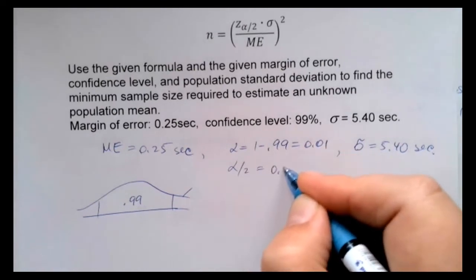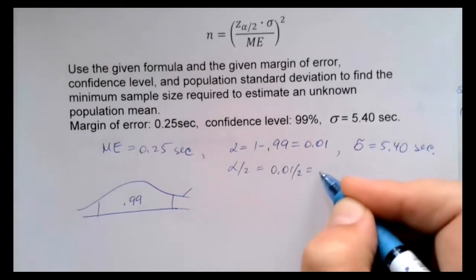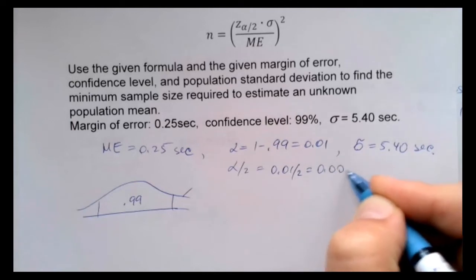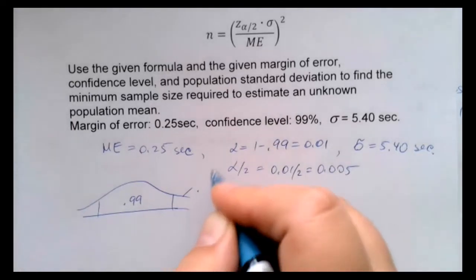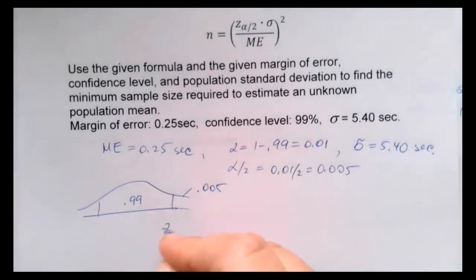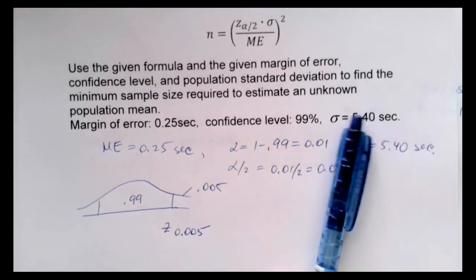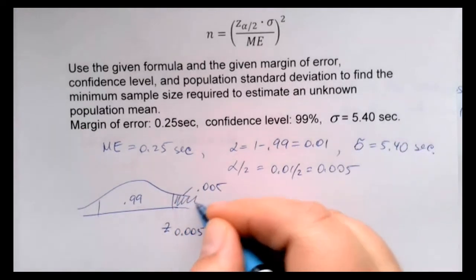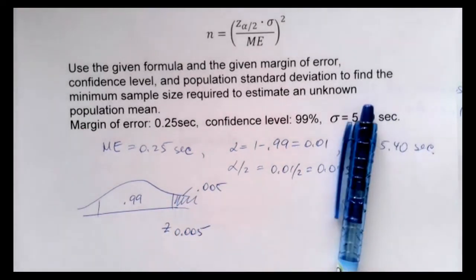So 0.01 divided by 2 will give us 0.005. So this Z cuts off a tail area of 0.005.